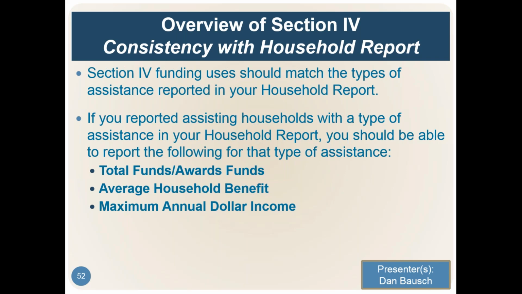I can't underscore this enough: this is kind of a mishmash of data, and we expect to see lots of notes because many of you may be carrying funds into the year, or you may be spending prior year funds in order to help households. So if your head starts to get a little bit fuzzy in some of these areas, or things just aren't matching up, give us a call and we'll help walk you through it step by step, because this form isn't perfect. It kind of expects you to have your brain in 10 different places, and we're here to help you with that.